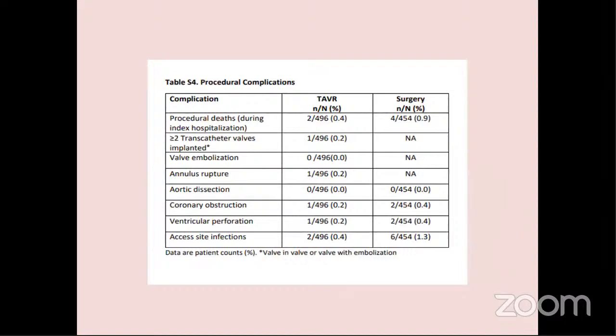On complications, as we mentioned, procedural death was in 2 of the TAVR and 4 of the surgical group. Interestingly, coronary obstruction happened in 1 of the TAVR and 2 of the surgical group, as well as ventricular perforation. Access infection, of course, was higher in the surgical group than the TAVR group.